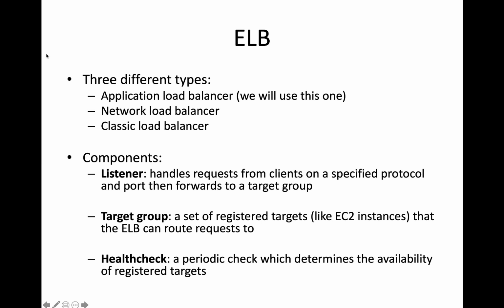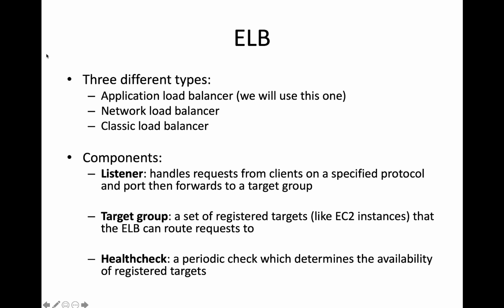And the EC2 instances are called the registered targets. And so anything which is a registered target is something that the Elastic Load Balancer can forward a request to, a request that is received by the listener.